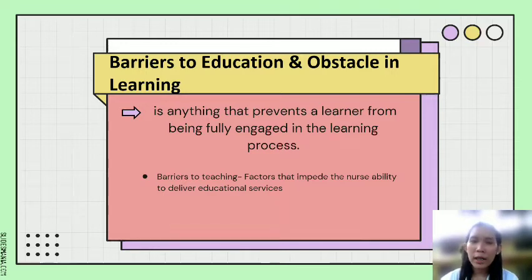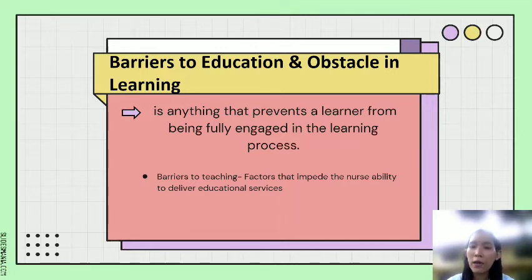Here we have different definitions that focus on teaching and obstacles in learning. First, barriers to teaching means the factors that impede the nurse's ability to deliver education services. An example of these factors may relate to environmental issues such as noise, lack of space, or privacy.